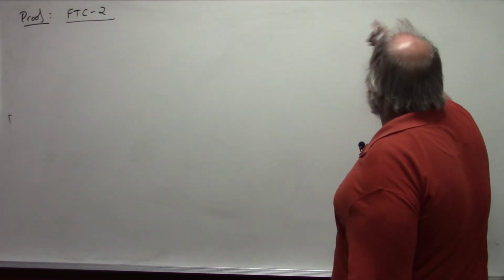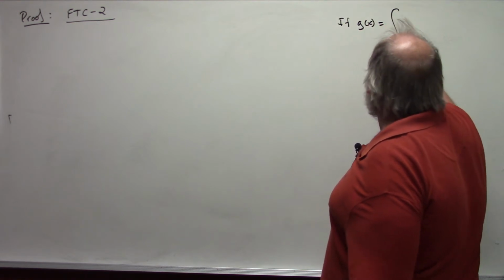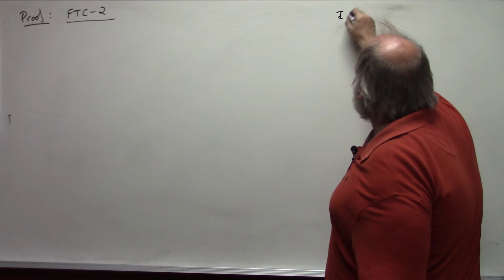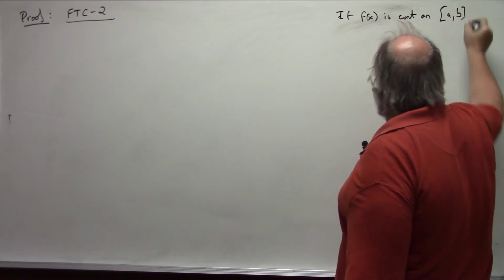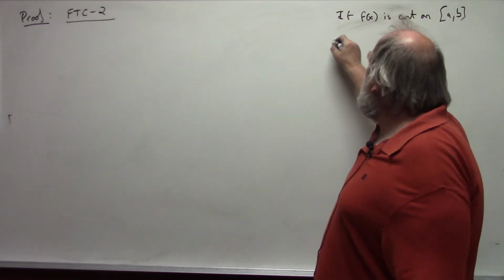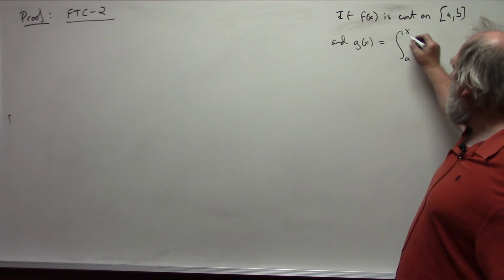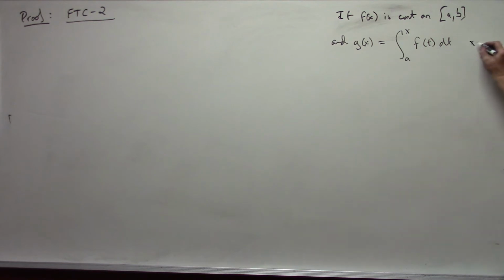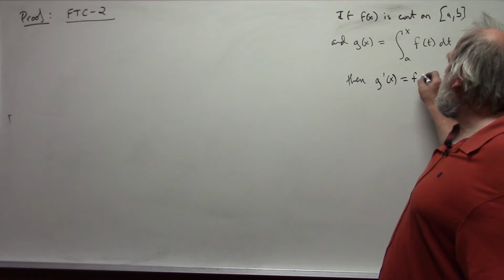So the proof. FTC 1 says that if f of x is continuous on the closed interval AB, and g of x is what's called an integral function, the integral from a to x of f of t dt, where x is in the interval from a to b, that's the domain of g of x, then g prime of x is f of x.